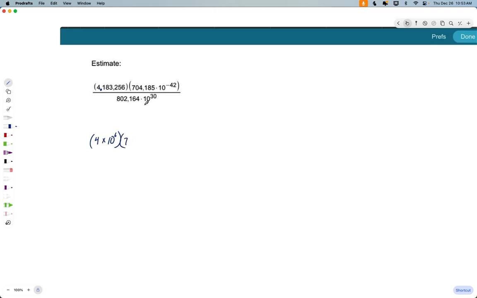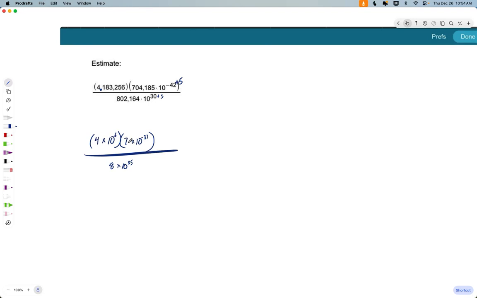And this would be 7 because 1, 2, 3, 4, 5. So times 10, add 5 to that. Negative 42 plus 5 is going to be a negative 37. And 1, 2, 3, 4, 5, that 8.0 would not round up, so it'd be 8 times 10. We're adding 5 to that, so that's going to be to the 35th power.